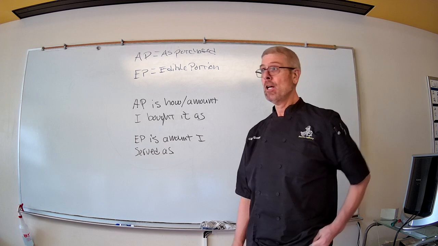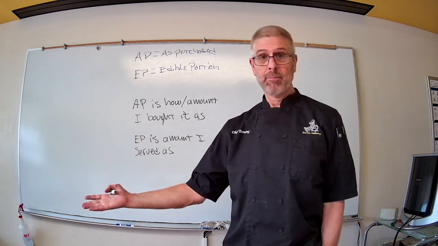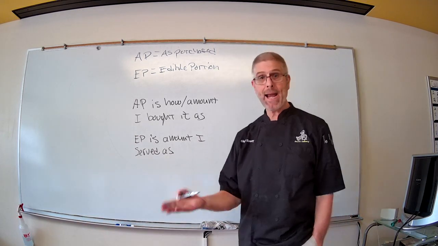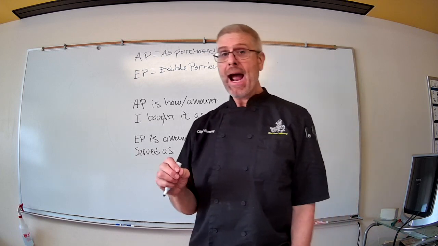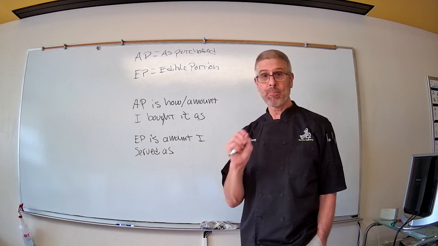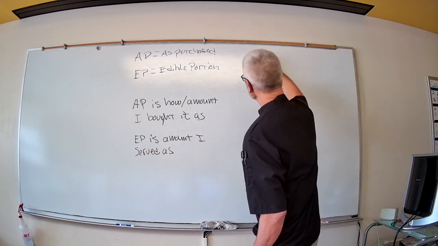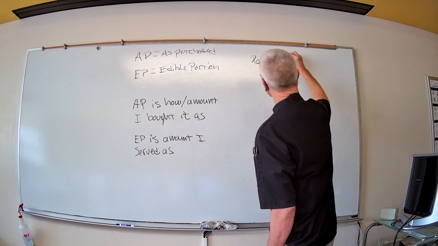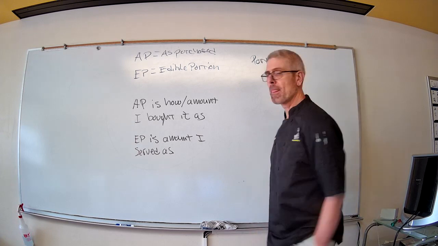right? Okay? So when you go out and buy pork butt or pork shoulder, how you make the pulled pork, you buy it in pounds, right? And I need to know what my portion size is for each pulled pork sandwich. My portion size for the pulled pork is 5 ounces.